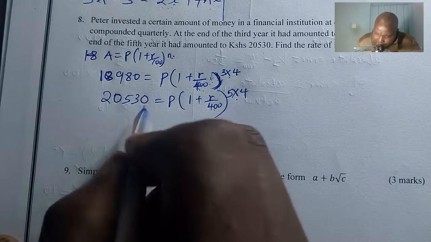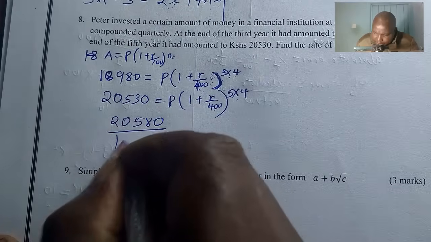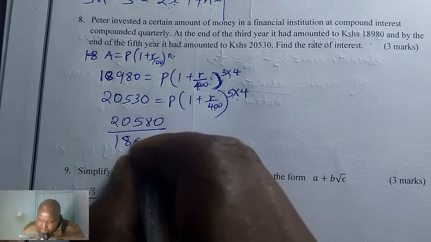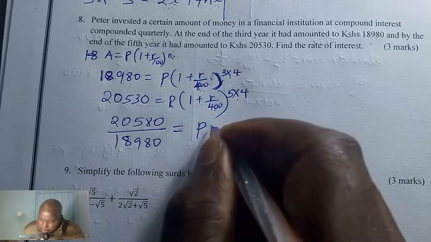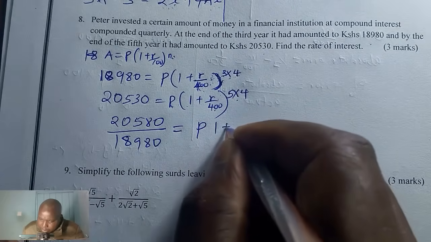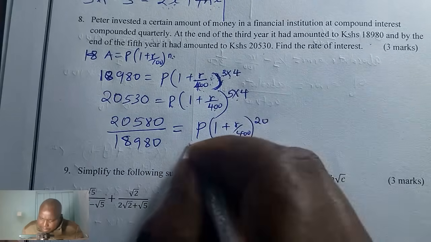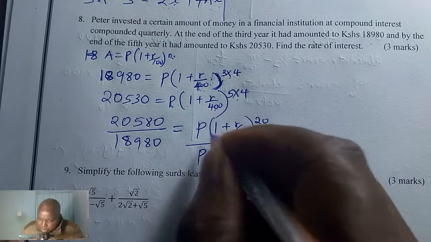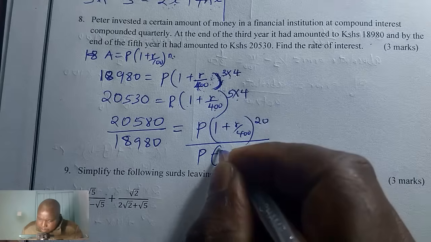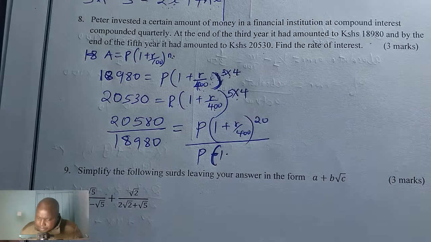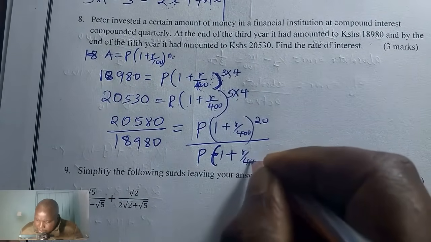So 20,530, you divide by 18,980, will be equal to principal times 1 plus r over 400 raised to power 20, you divide by principal times 1 plus r over 400 raised to power 12.